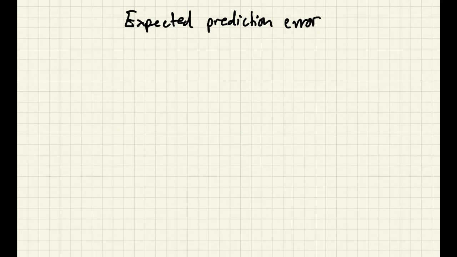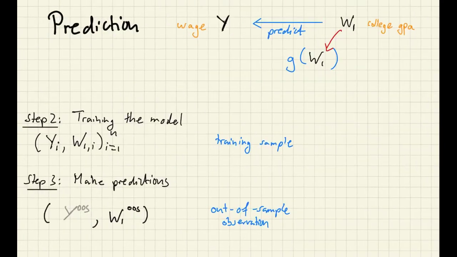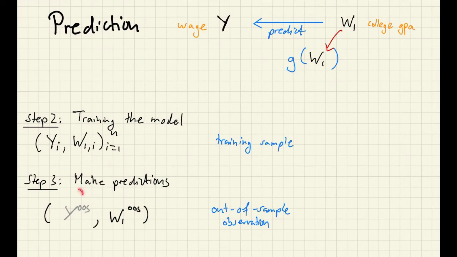What is the expected prediction error? Let's take this apart word by word, and we'll start with expected. Expected has something to do with expectation, so there's some randomness. And where does the randomness come from? Well, we're talking about the randomness in the out-of-sample prediction.